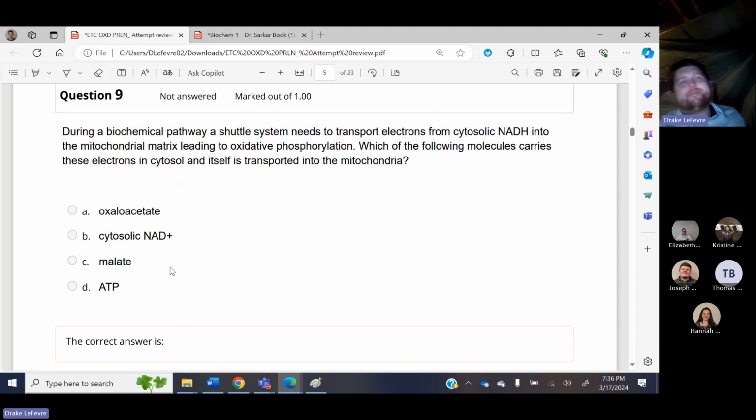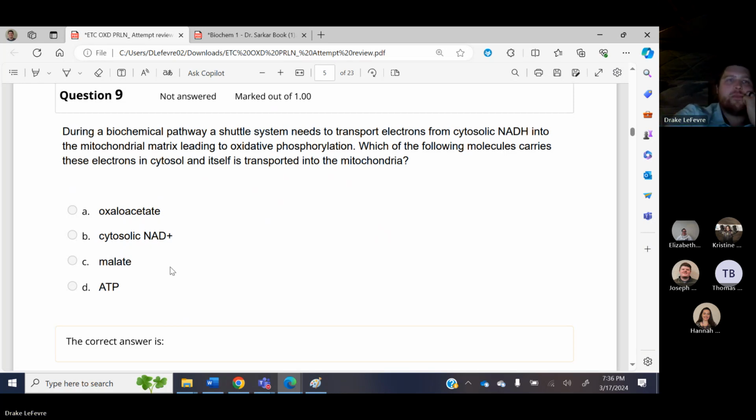Question 9. During a biochemical pathway, a shuttle system needs to transport electrons from cytosol NADH into the mitochondrial matrix, leading to oxidative phosphorylation. Which of the following molecules carries the electrons in the cytosol and is itself transported into the mitochondria? We have two choices, right?